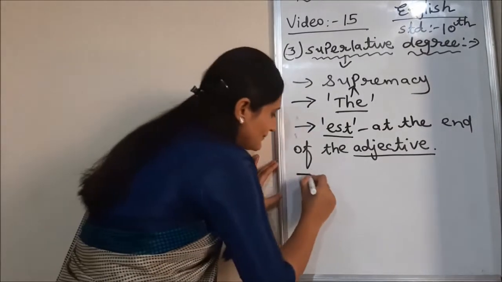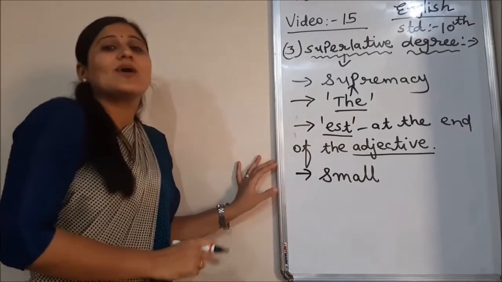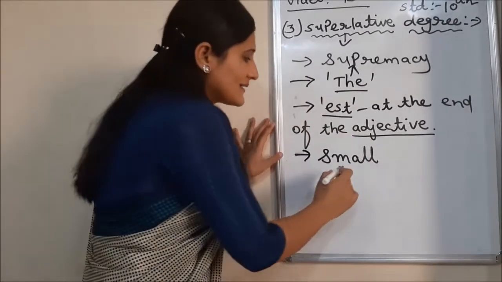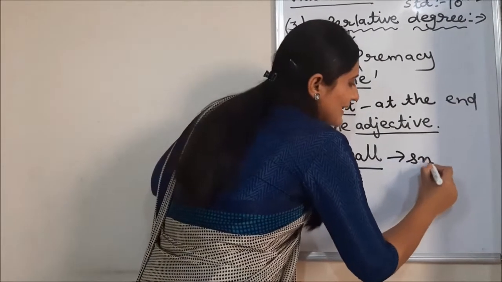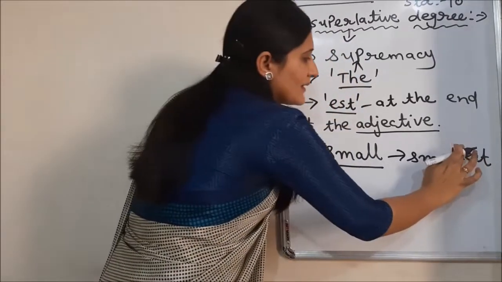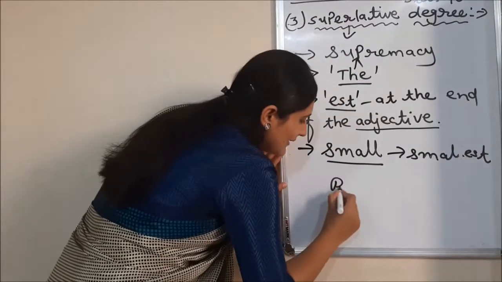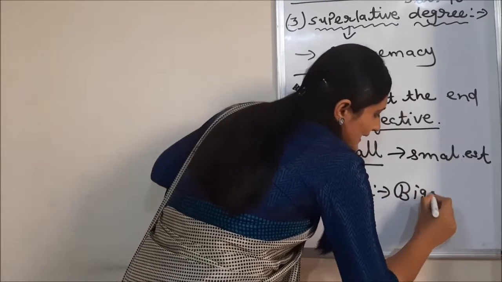For example, small. You need to find out where the adjective is in the sentence, right? So small is an adjective, so we need to add est at the end: smallest. Second example, big. We need to write biggest.